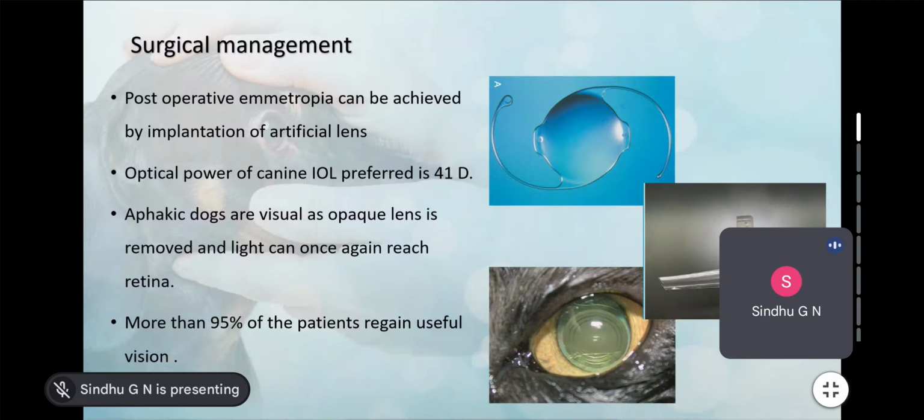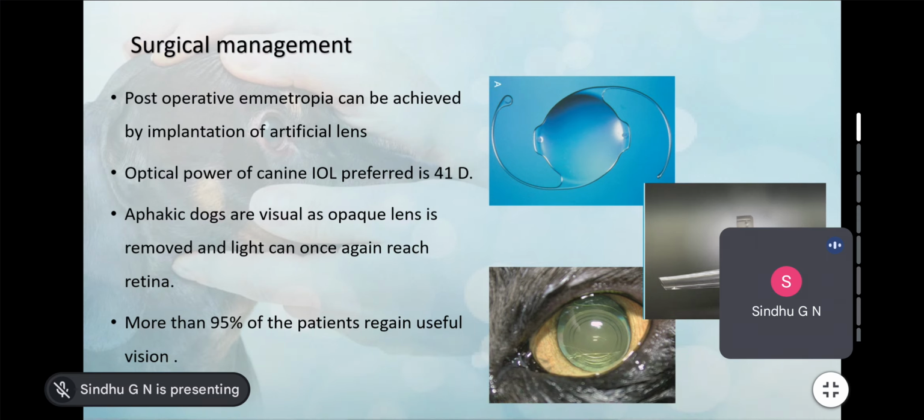In humans, it's not like that. The lens is necessary for maintaining vision. But in pets, dogs and cats, the cornea will take care of the refraction. So 70% vision can be promised if other structures are normal post surgery, even without an intraocular lens.